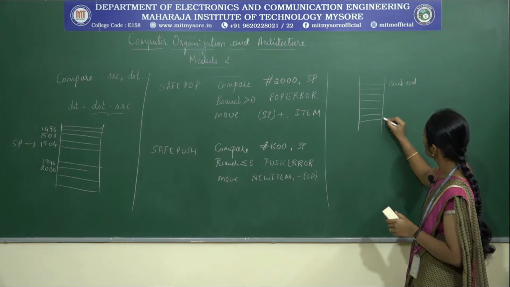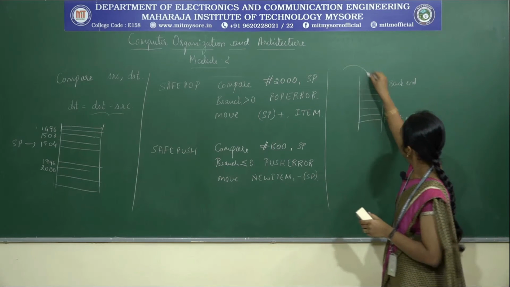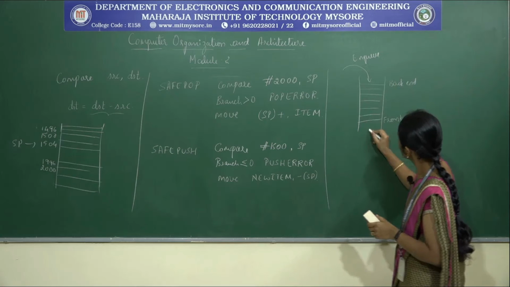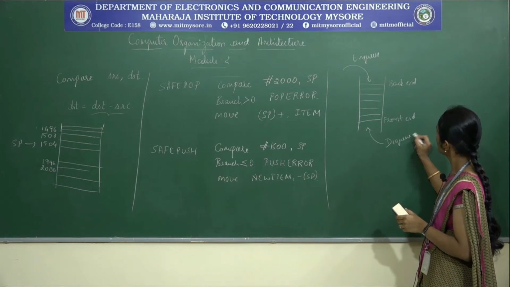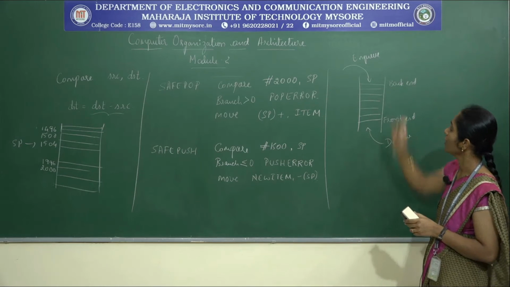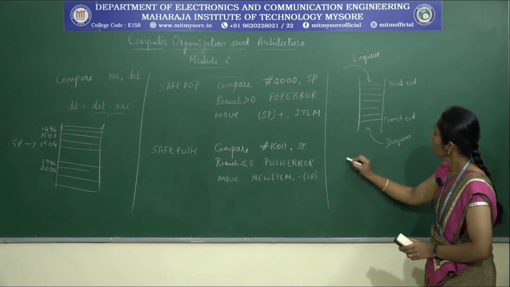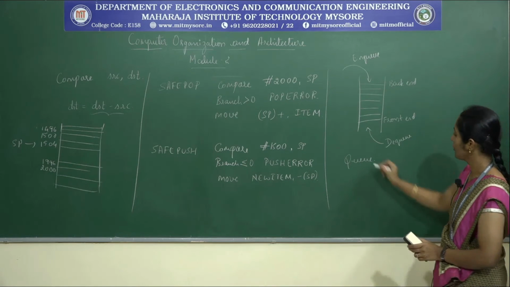This is the back end and this is the front end. Similar to the push and pop operations, we have enqueue and dequeue as the operations related to the data structure queue.